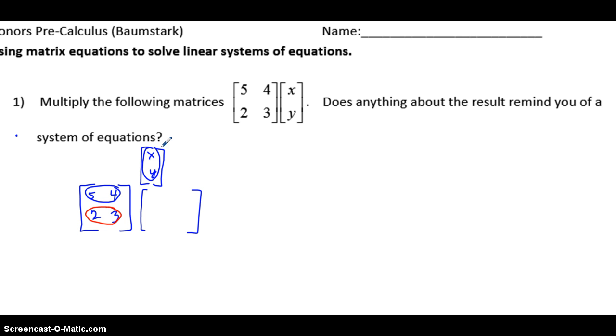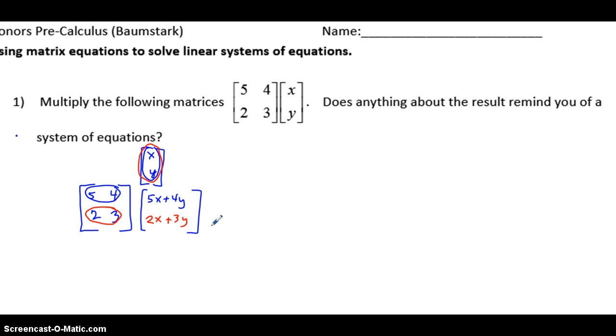In this case, we do 5 times x, which is 5x, plus 4 times y. So our first entry here is going to be 5x plus 4y. And our second entry is going to be this row dot product with this column, and that's 2x plus 3y.